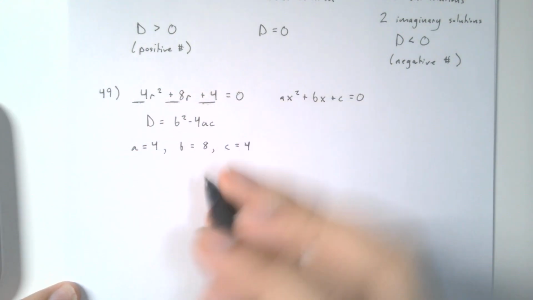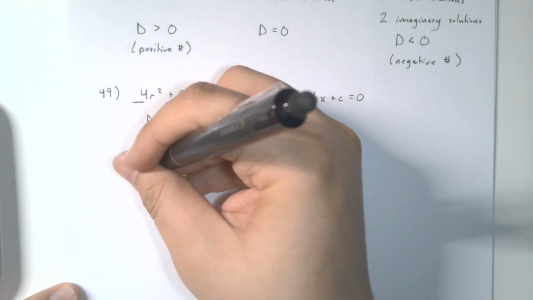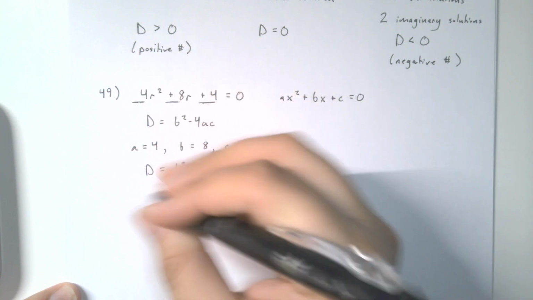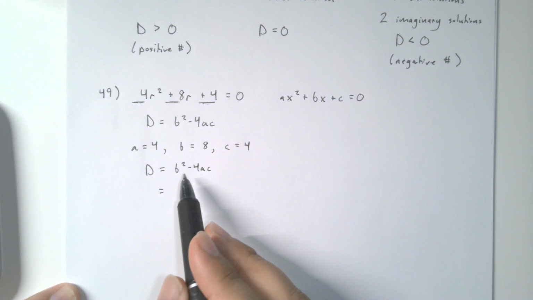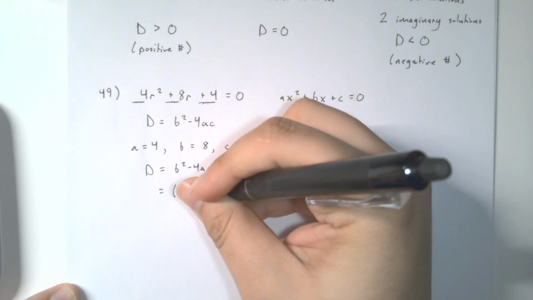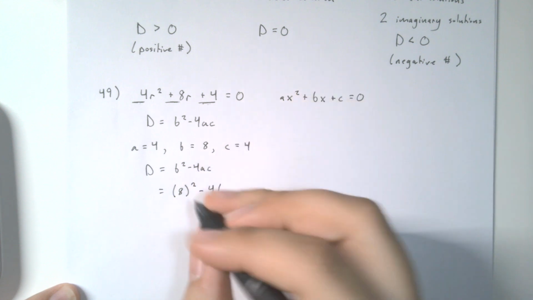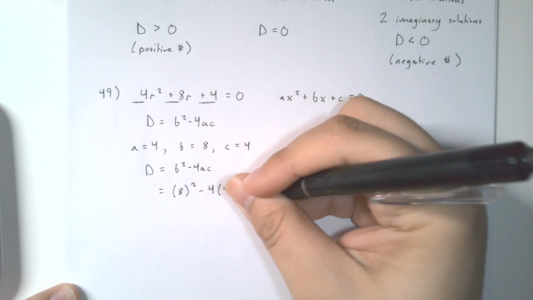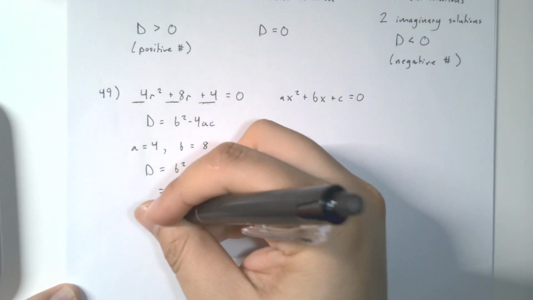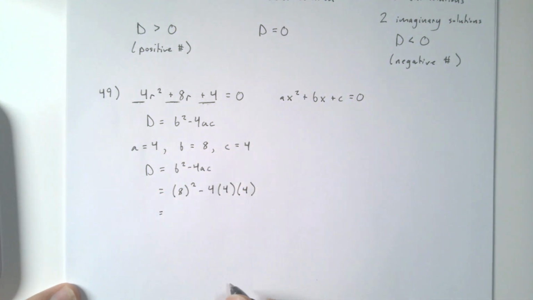So, our discriminant being this, I'll just rewrite that down there. If we plug in b squared, we get 8 squared minus 4 times a, which is 4, times c, which is 4. If you have a calculator available to you, it may be quicker to just do this in your calculator.